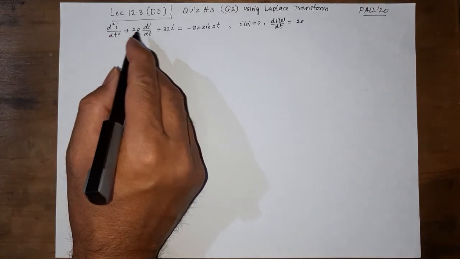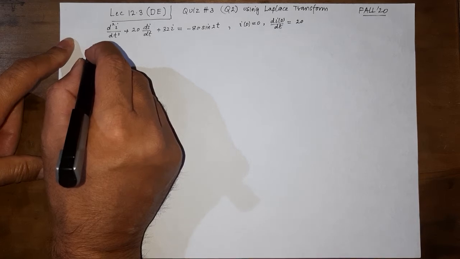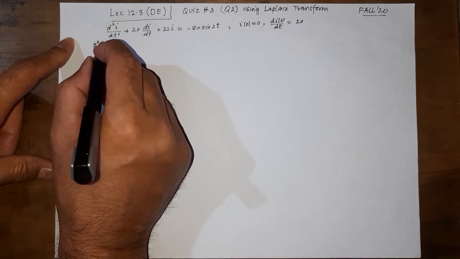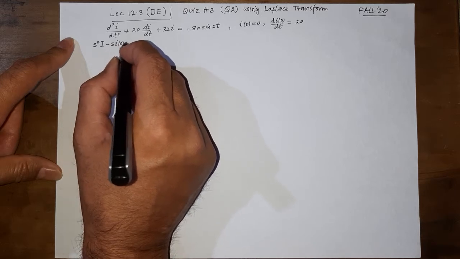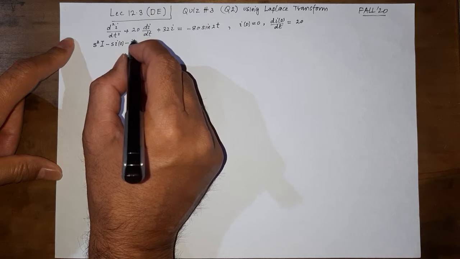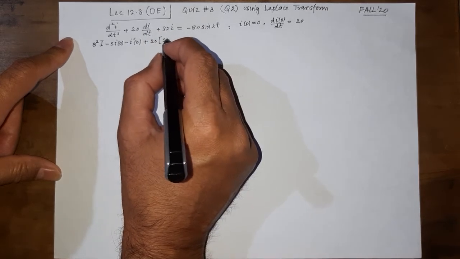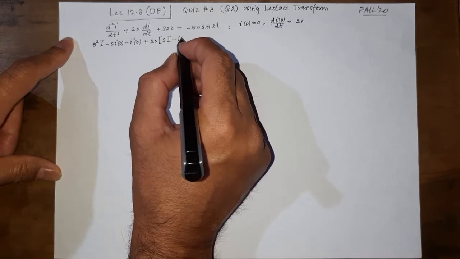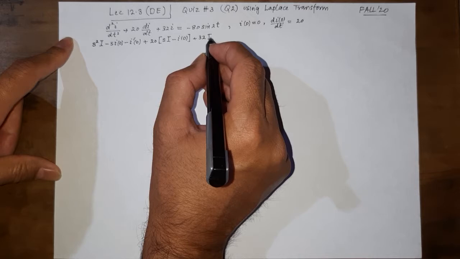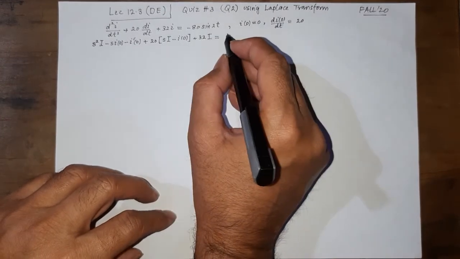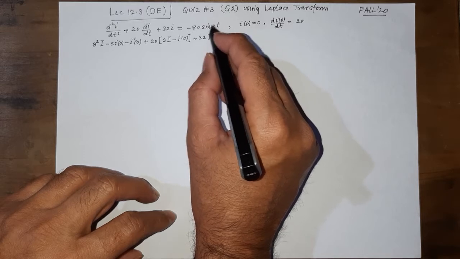So if we take the Laplace transform of this whole equation, we are going to take the Laplace transform of the second derivative of I, which by definition gives s square I of s, I'm just writing capital I, minus s into the value of I at 0 minus the derivative of I at 0, plus 20 s into I of s minus the value of I at 0, plus actually for the problem we were considering 32 I of s is equal to minus 80 into the Laplace transform of sine of bt, which is b over s square plus b square.